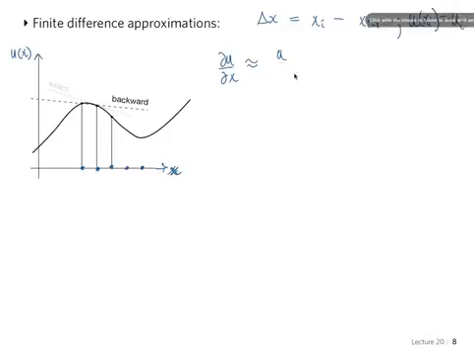So this is going to be ui minus ui minus 1, where this point is i, and this is i minus 1, and divided by delta x. That's the approximation that we make of the slope. That's the backward difference.